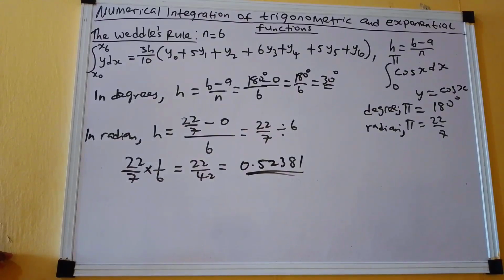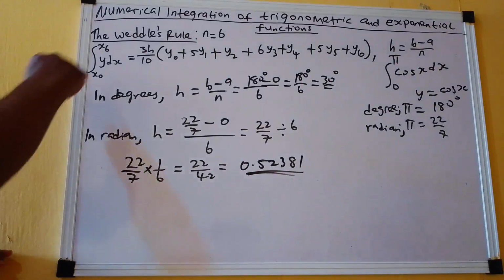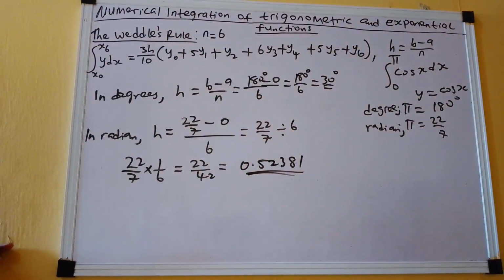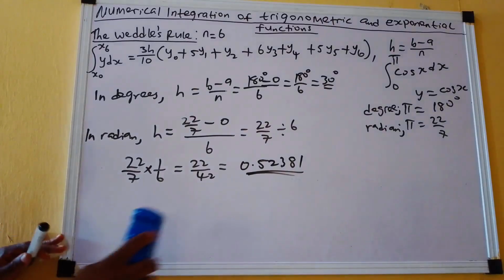We are now going to see how we can put all this together. First of all, we create our table. Then we use the Weddle's formula to carry out our calculation. So please take note of this.